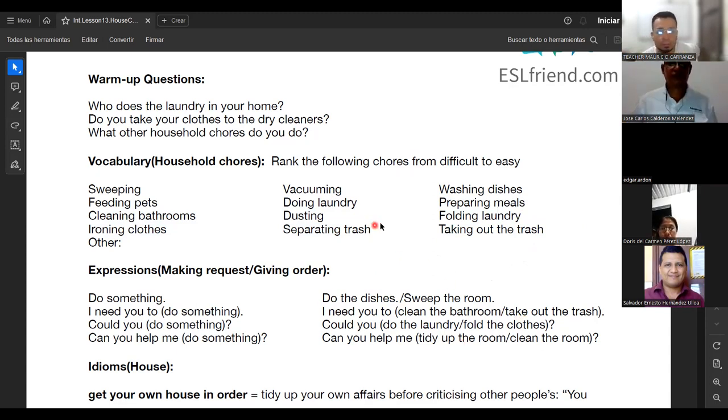Okay. Separating trash. We don't usually do that, but for example, when you recycle things, you separate them, like recyclable things and organic things. So that is separating trash. And dusting. Do you have these dusters?